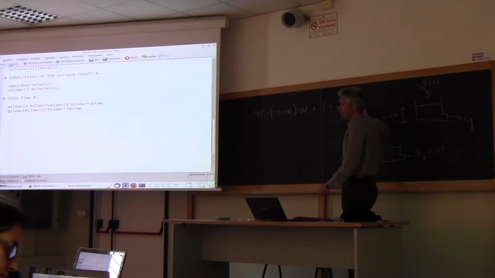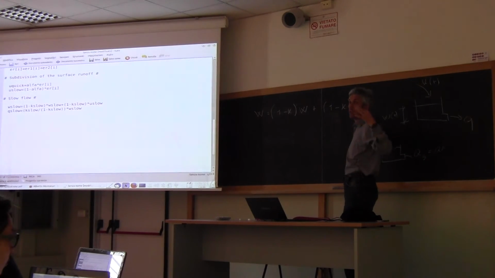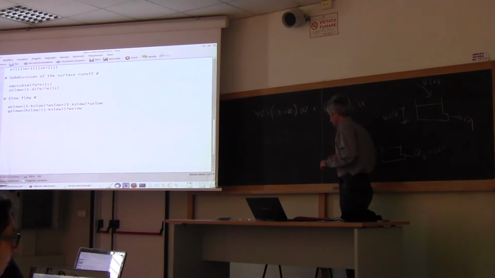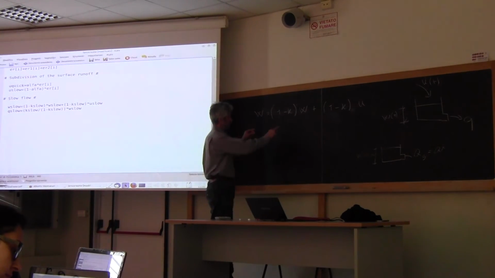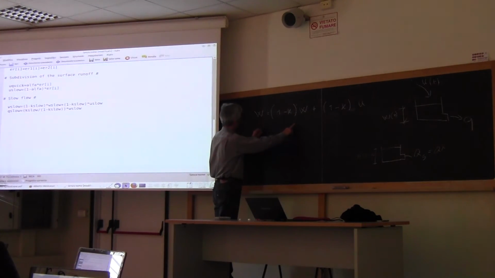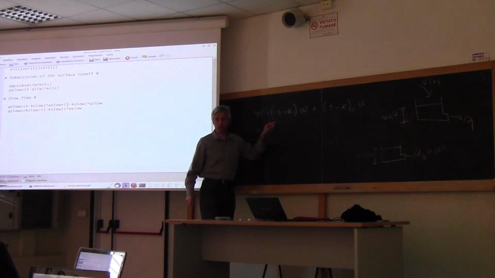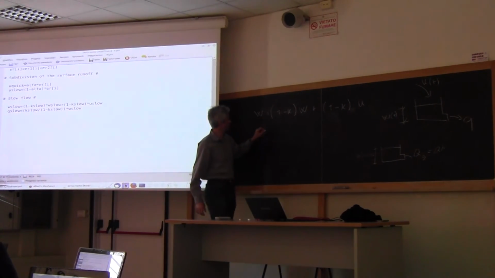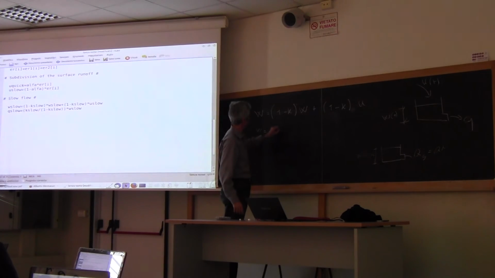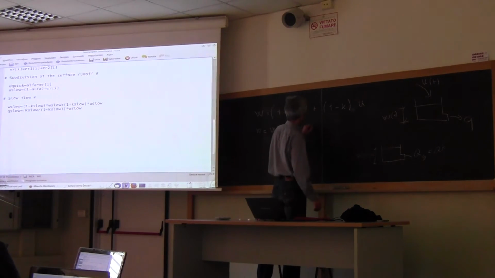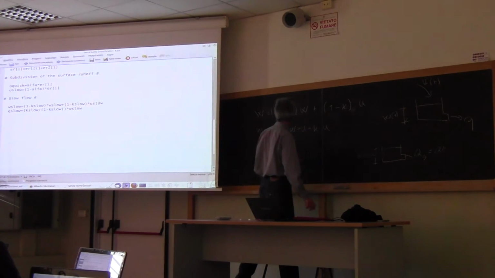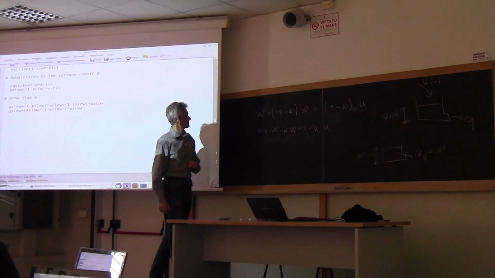So basically U is our previous rainfall, let's say. So let me rewrite it by taking the multiplications here. W is equal to W minus KW plus U minus KU. Okay?